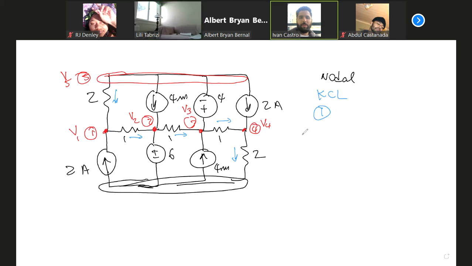It would be V1 minus V2 over 1, leaving, right? Yeah. And then, okay, V1 minus V2 divided by 1. I'm writing the equation. Okay, then what?